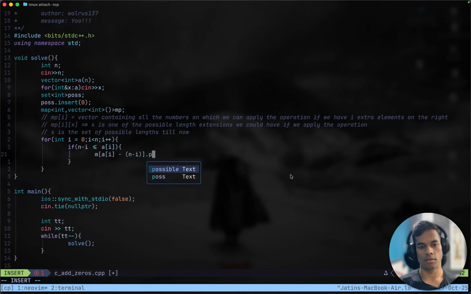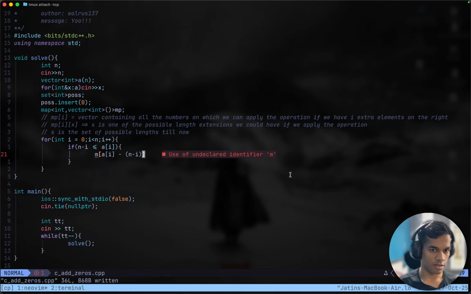Or this is a vector, so what is the problem?